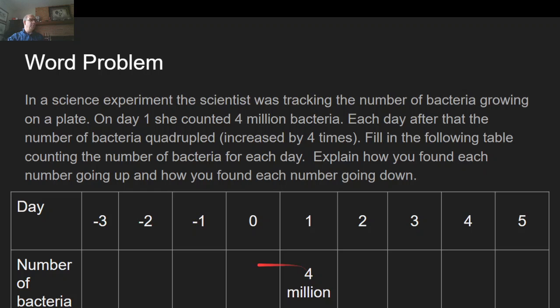Going this way, I'm dividing by 4. So 4 million divided by 4 is 1. And then to the negative 1 would be divided by 4 again, which is 0.25 or 1/4. And then divided by 4 again is 1/16, and then divided by 4 again is 1/64.